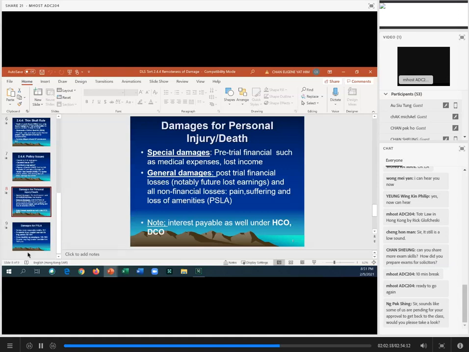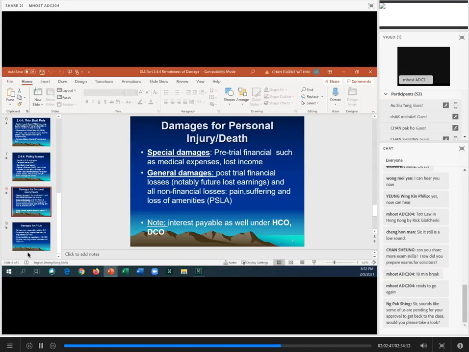Now, there are different what we call heads of damage. When you're in a civil action suing for negligence, for personal injury or death, there are damages which are called special damages and other damages called general damages. Special damages are pre-trial financial losses such as medical expenses and lost income because you can't work.